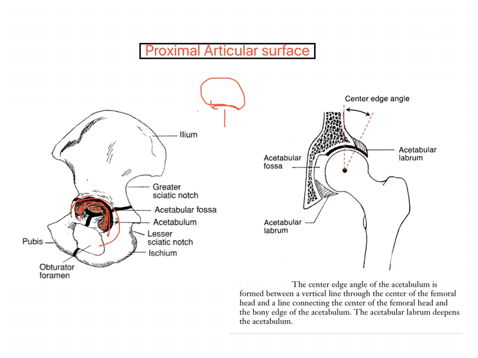So through this notch, all the major blood vessels pass to the central and deepest portion of the acetabulum, which is called the acetabular fossa. The acetabular fossa is non-articular. Actually, the deepest portion is non-articular, and the femoral head does not contact the surface.